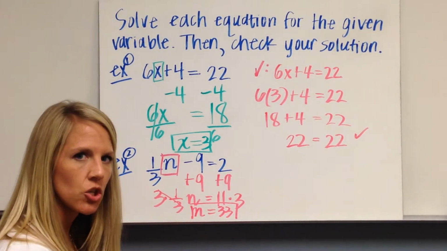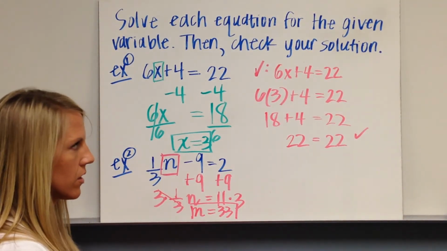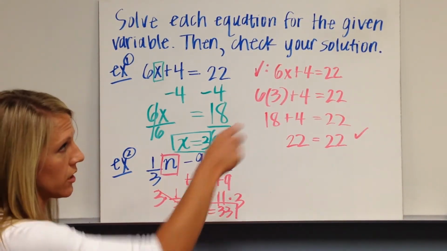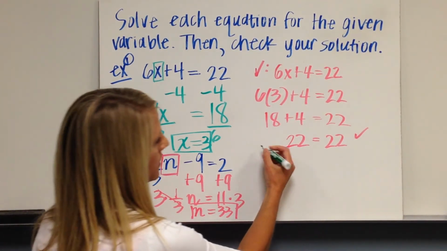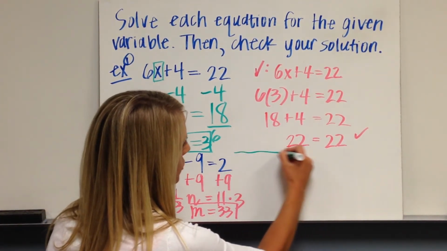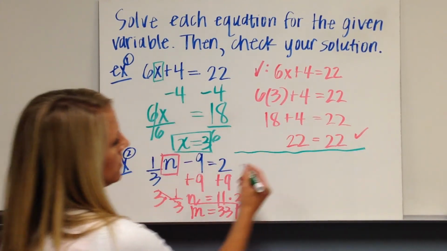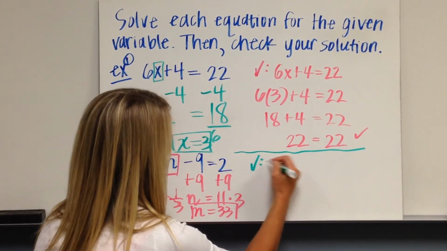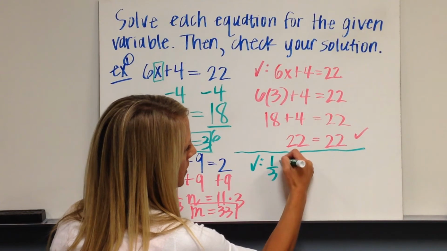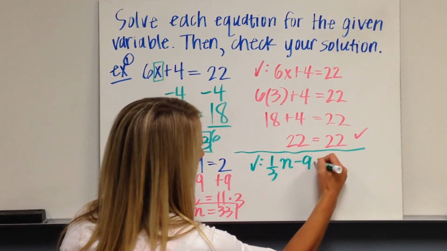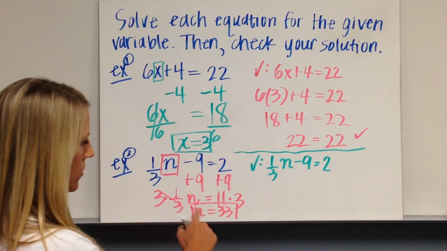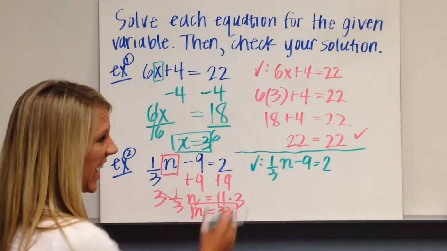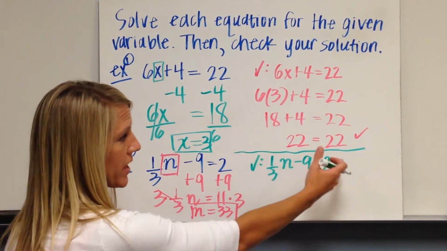But how can I check to make sure 100% this is correct? Well, we check our solution. So we go back to our original equation. So here's my check. I have 1/3 times something minus 9 equals 2. All right. Well, I can now replace n with what? I said 33 is what makes this equation true.